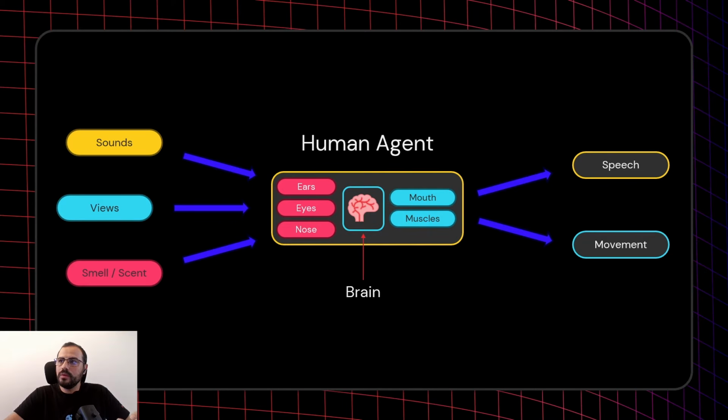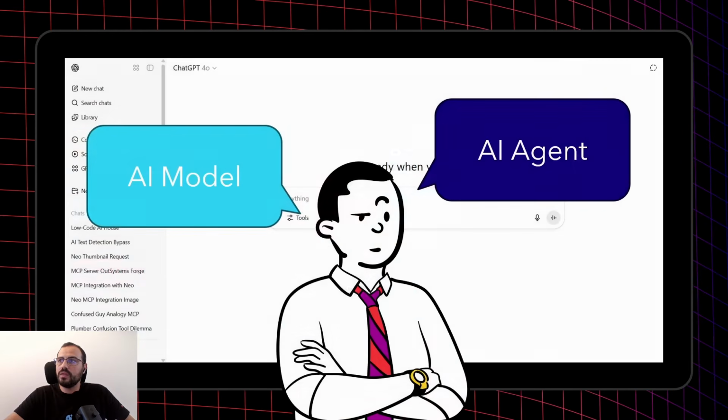So far we talked about this difference between an AI model and an AI agent, right? So if we look again to the first question of, is ChatGPT an AI model or an AI agent? If you guys notice nowadays, when you are using ChatGPT, you can see that he has the capability of reading different sources of information.